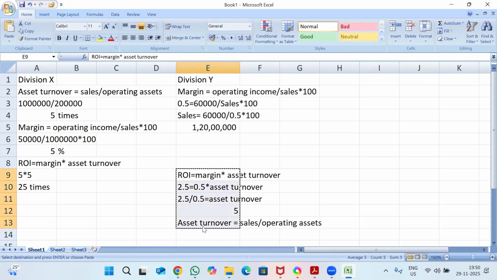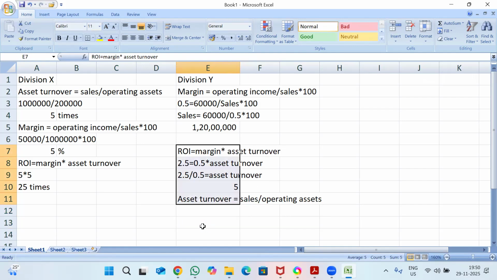We want to try to apply all the formulas and see which one works. First I tried the asset turnover formula, but it did not work out because I had two unknowns in it. Next, the available variable is ROI, so I tried ROI. With ROI 2.5% and margin, I can calculate asset turnover easily.